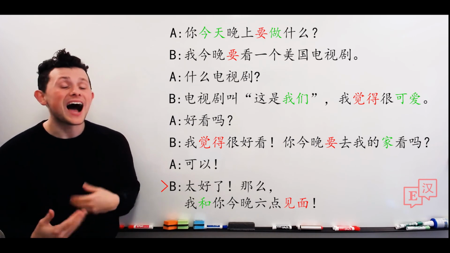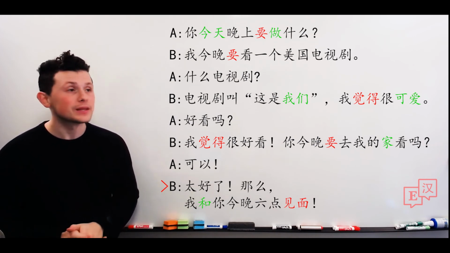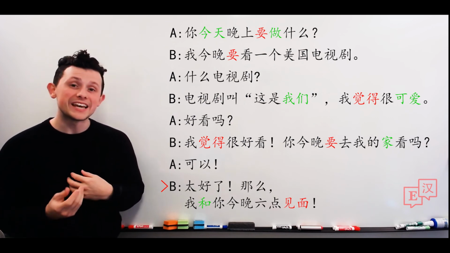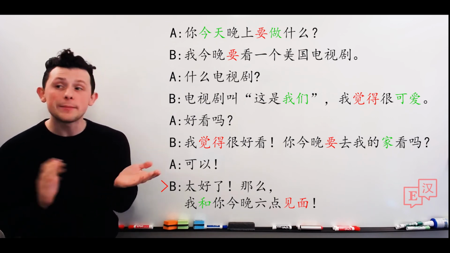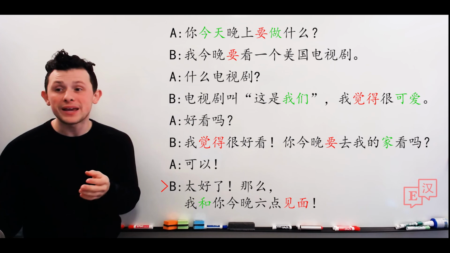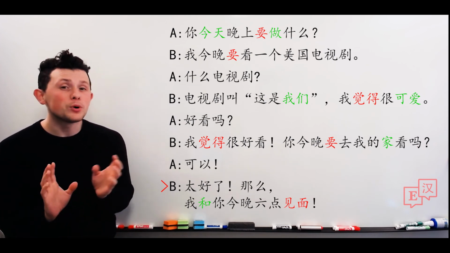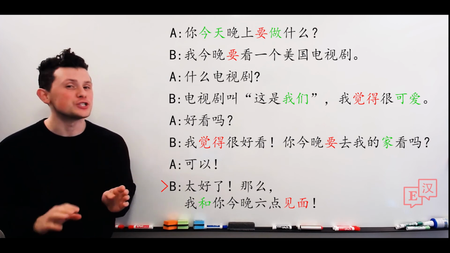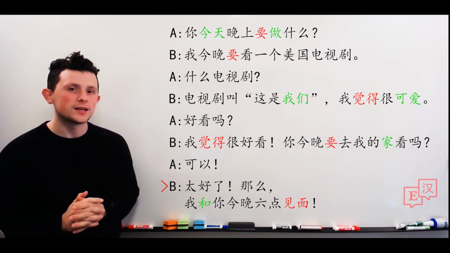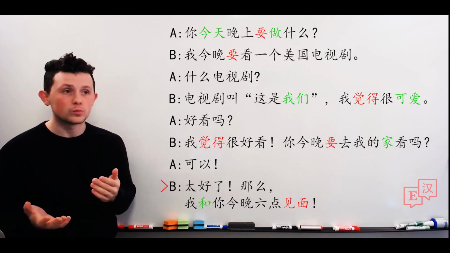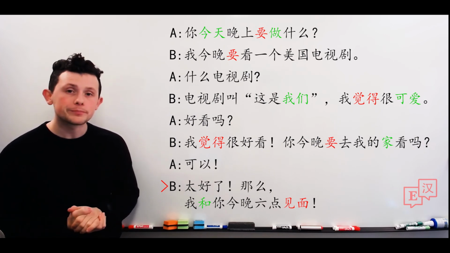Or in other words, I will see you at 6 tonight. Notice this is how we use 见面. We say you and I, or him and her, or them and me. 见面. We cannot put a subject or an object after 见面. It doesn't work like that. So 我和你见面, we see each other, or we meet up.